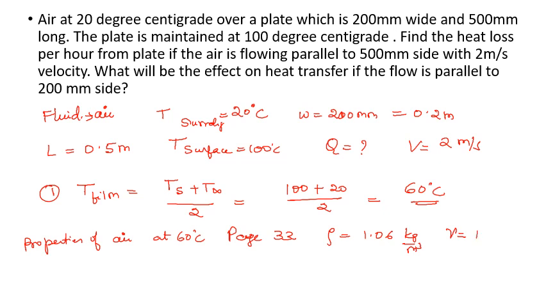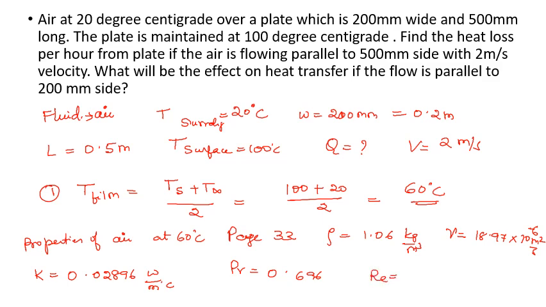Viscosity is 18.97 into 10 to the power minus 6 meter square per second, K value is equal to 0.0896 watt per meter degree centigrade, and Prandtl number is equal to 0.696.